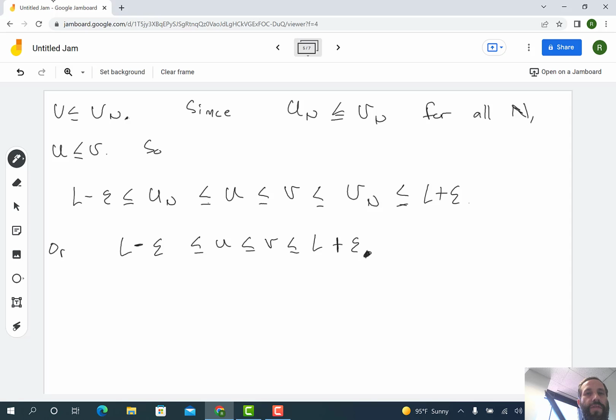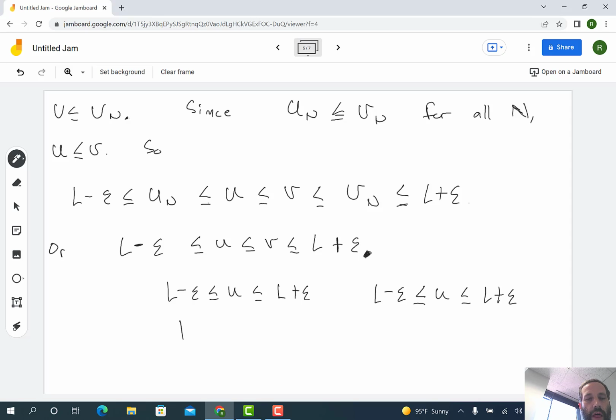There's a number of ways we can finish the proof here. The way that I'm going to do it is to break this inequality into two pieces, and say that L minus epsilon is less than or equal to U, is less than or equal to L plus epsilon, and also L minus epsilon is less than or equal to V, is less than or equal to L plus epsilon.